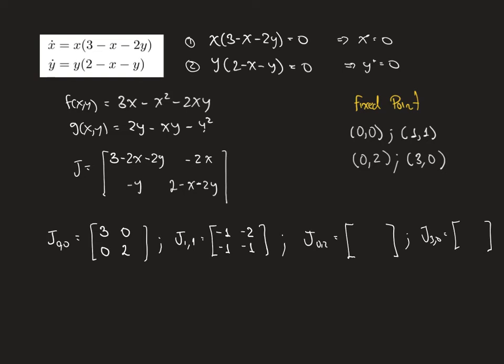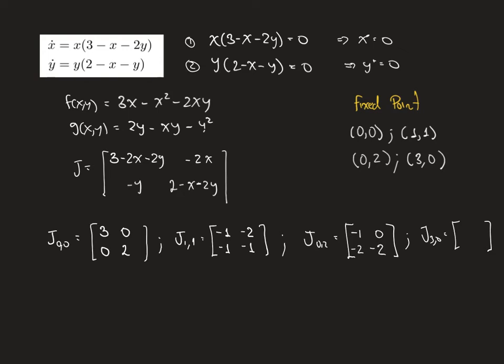Now let's go with the third one, 0, 2. So we have 3 minus 4 is equal to minus 1. Then this is 0. Then we have here minus 2. And then we have 2 minus 4, minus 2.